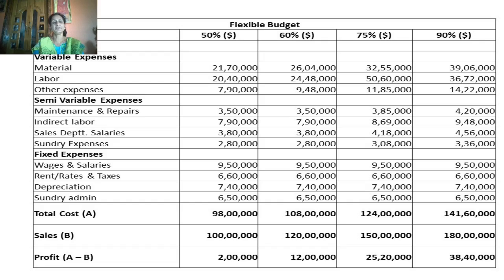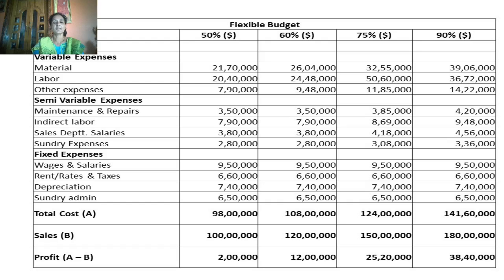So 3,50,000 plus 35 will be 3,85,000. At 75% capacity level, the maintenance and repairs expenses will be 3,85,000. That is 3,50,000 plus 10% hike, that is 35,000. If you add, for maintenance and repairs, it will come to 3,85,000.